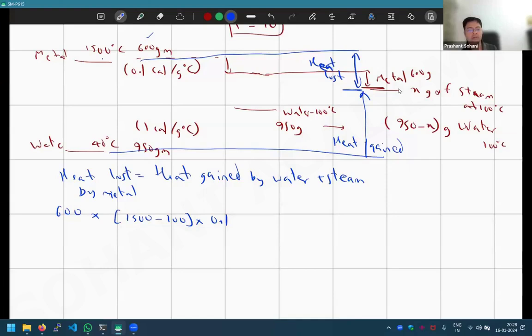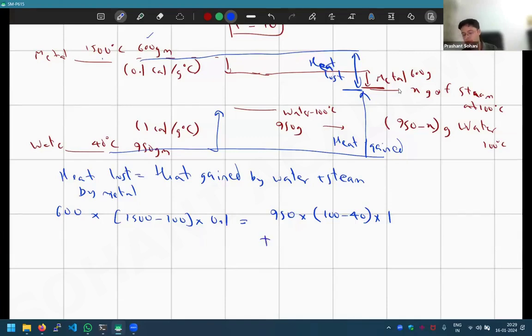So this is the heat that the metal has lost, and it should be equal to the heat gained by the water. This has two components. In stage one, the water was simply getting heated to 100 degrees. The heat gained during that period is simply the weight of the water into the change in temperature into the specific heat capacity, which is 1 calorie per gram degree Celsius. This is how much heat was required to bring the water to 100 degrees.